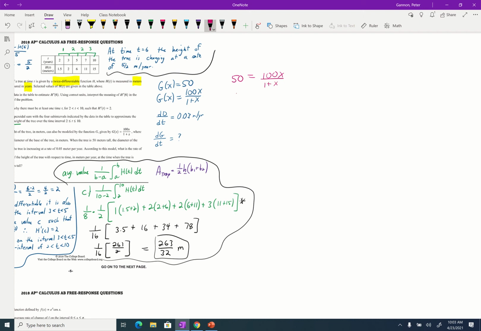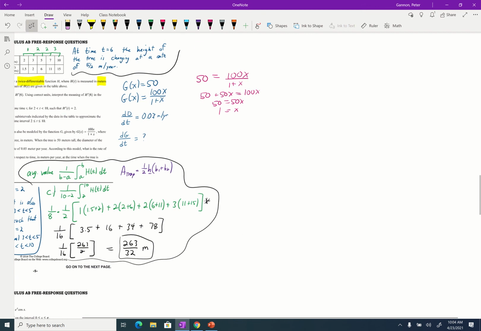If we cross multiply, we're going to get 50 plus 50x equals 100x. 50 equals 50x, so x equals 1. All right, that's probably going to come into play here. We know that x is 1. We're going to need to find dg dt.